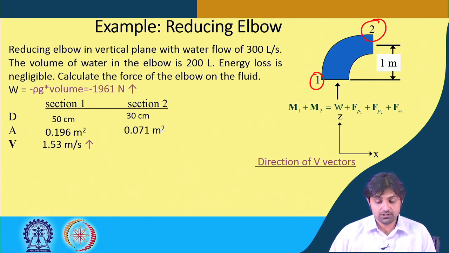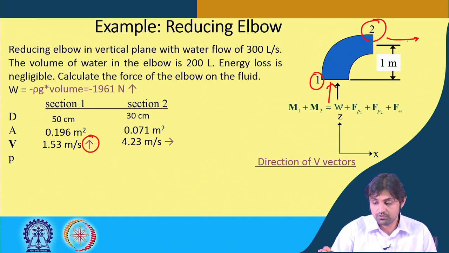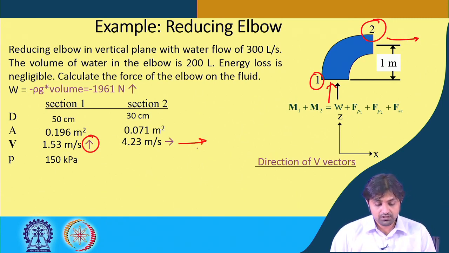We know the discharge and we know the area, therefore we will know the velocity. Similarly for section 2. This is the velocity direction at section 1 and this is the velocity direction at section 2. Now the pressure is 150 kilopascal.